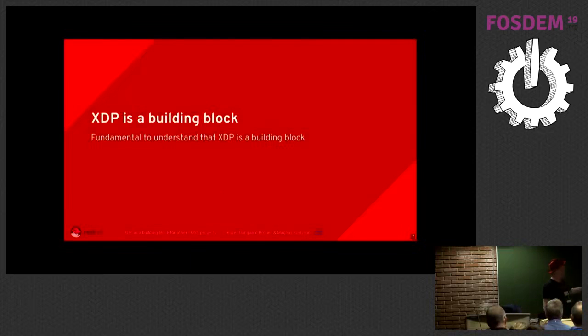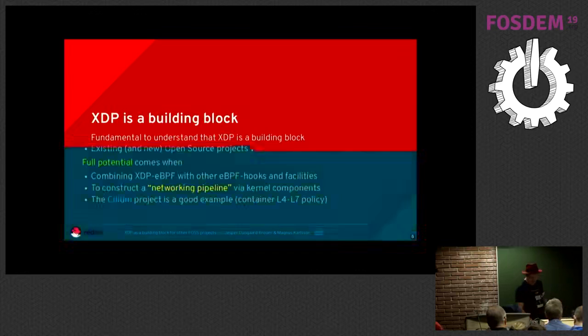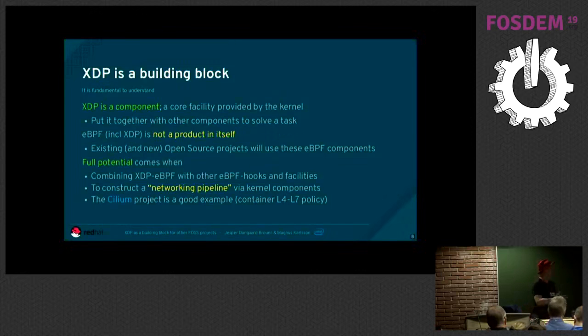So I put a red slide to shock you here, so you sort of wake up, because it's fundamental to understand that I'm seeing this as a building block that you should use. And what do I mean by that? I mean that I see XDP as a component. It is a core facility we are providing from the kernel, but I need you guys to pick it up and use it actually, and put it together to solve a specific task.